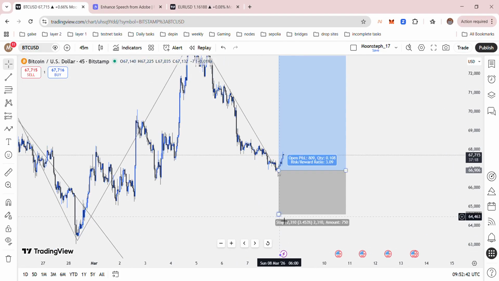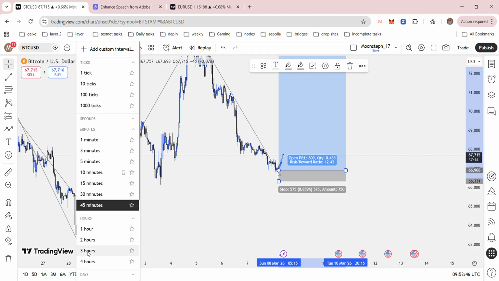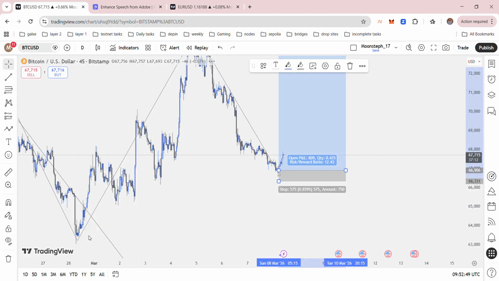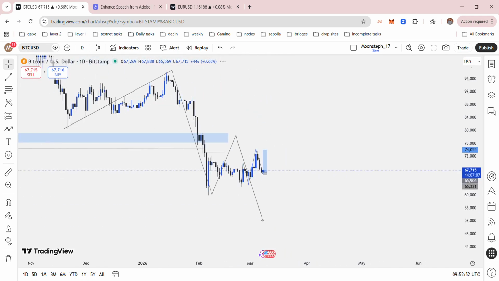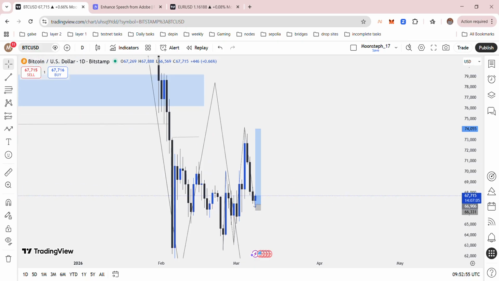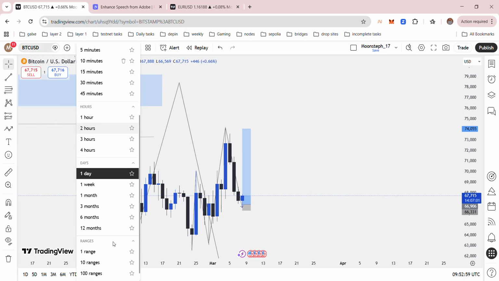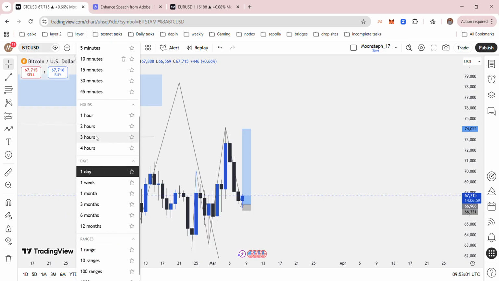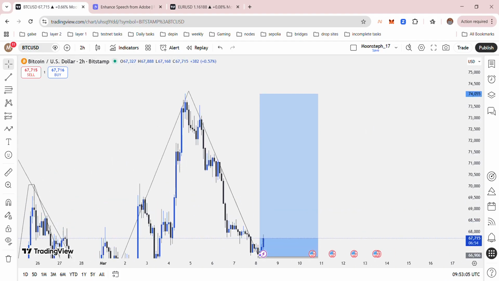Remember that from daily time frame, we're expecting market to get to this zone. So we have to follow it up from the lower time frame till it gets to that zone. Then when it gets to that zone, we expect a reversal concept to happen there, and that's just it. It's as simple as ABC. Very, very simple.